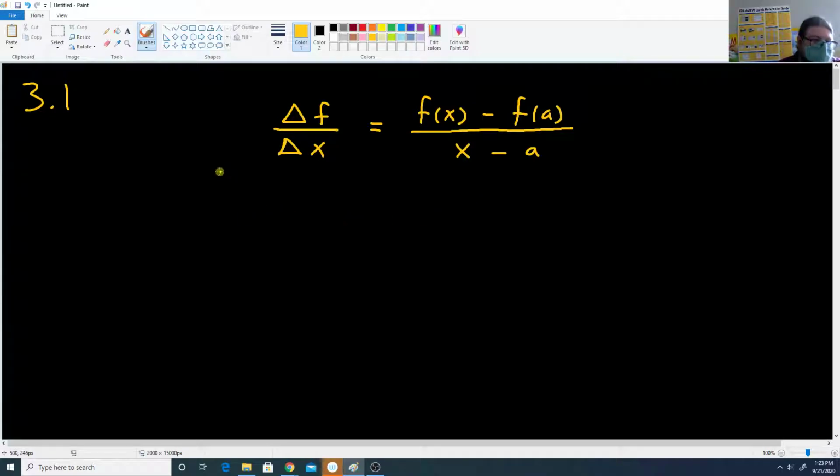And so this represents the slope of a secant line through the point a, f of a and x, f of x. And it is also the average rate of change.